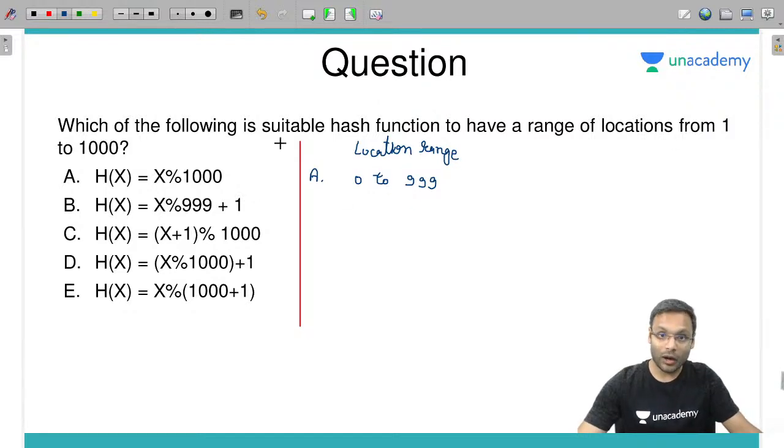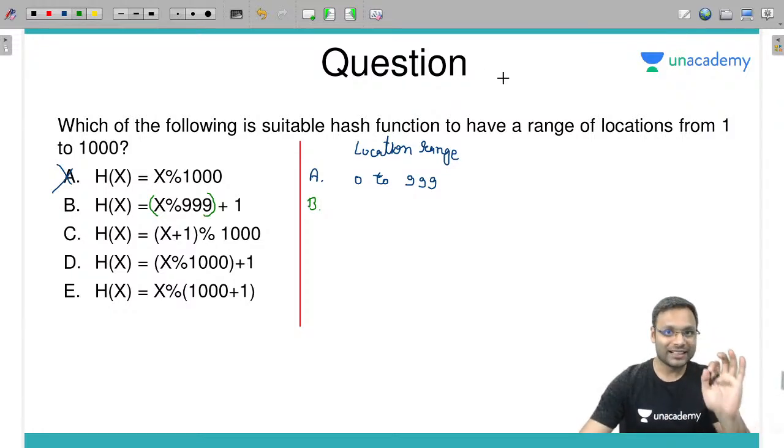I want 1 to 1000. Wrong. Finished. Next, B: X mod 999 and then plus. So of course this mod will have more.